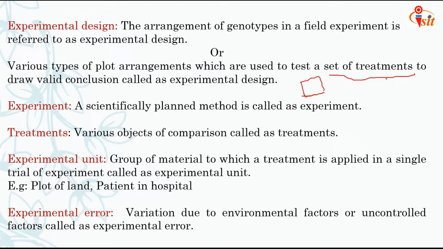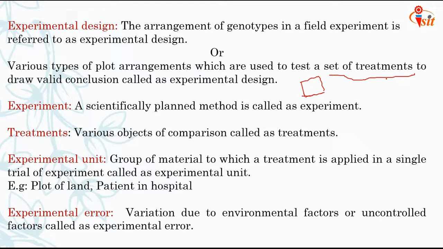The plots are made to apply the different treatments. If I have one variety of soybean, that is JS335, and on that variety I have to study the effect of different doses of fertilizer, then these different doses of fertilizers are the set of treatments.